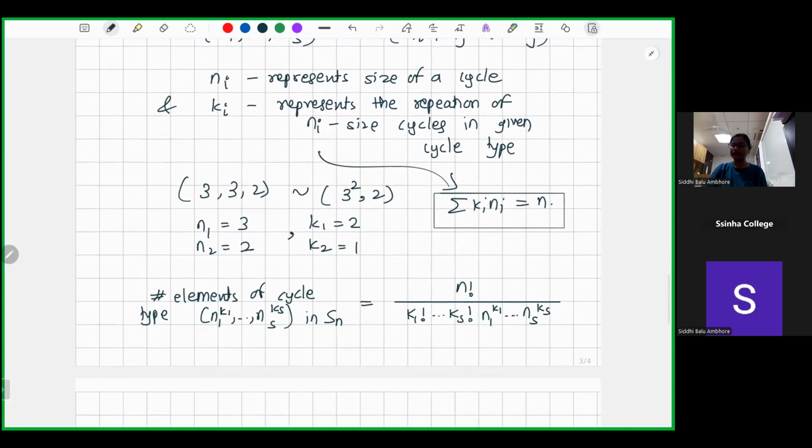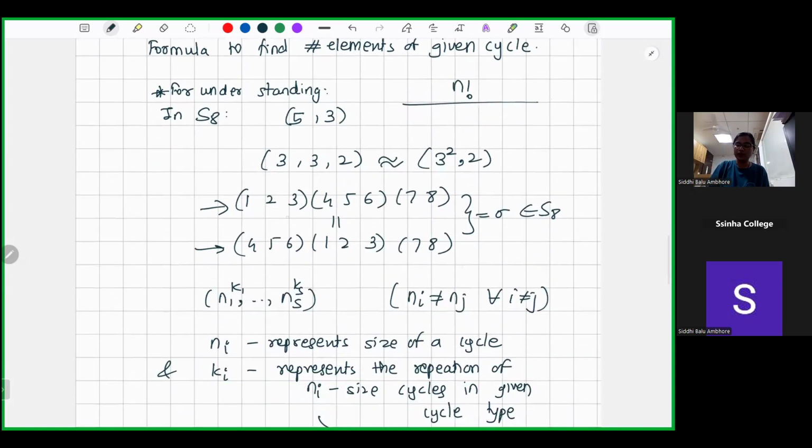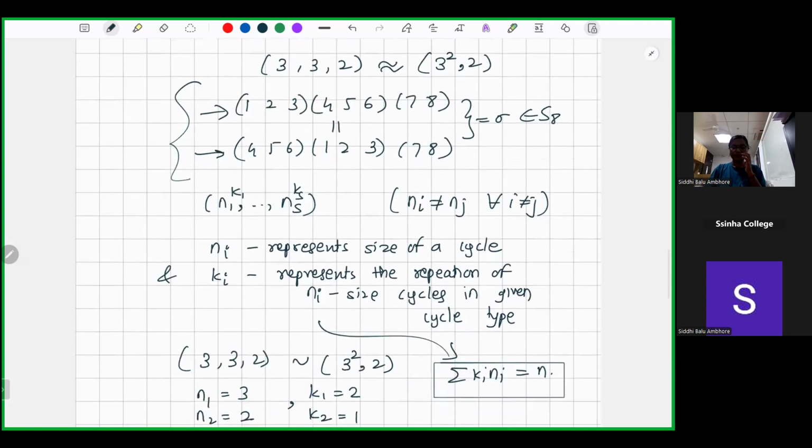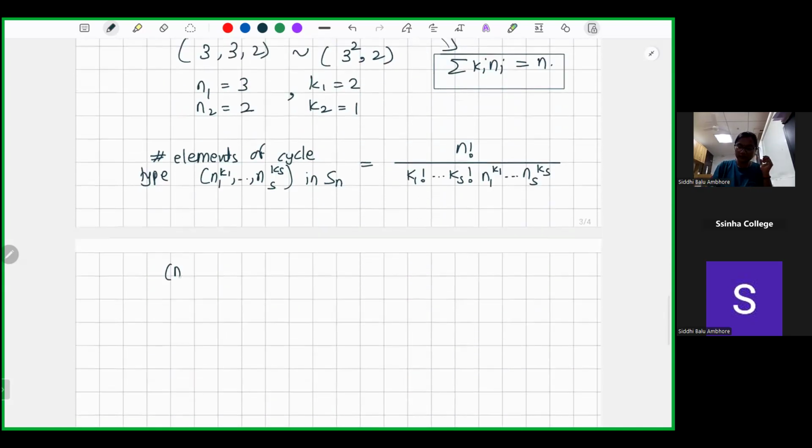When I take n factorial over k1 factorial up to ks factorial, I'm just calculating the number of such cycles in Sn of n1 cycle type k1 times, then n2 cycle type k2 times, up to ns cycle type ks times. This is a really bad notation, but I hope you understand what I'm trying to say.